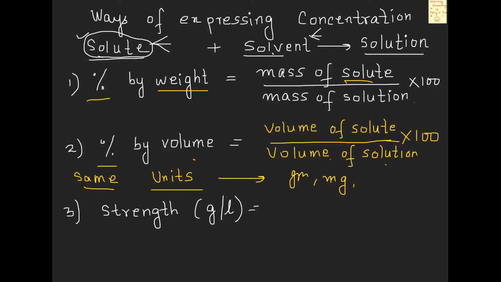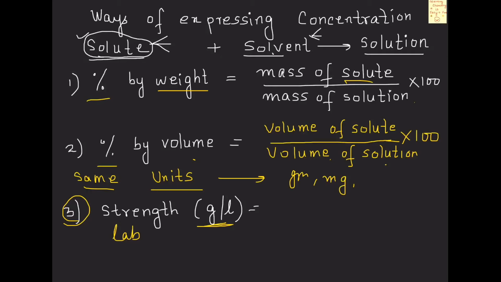The third definition that we are introducing here is strength. This is what you are going to most commonly encounter in your laboratory work, where we prepare solutions of different strengths. You get a hint from this unit that I have put here.